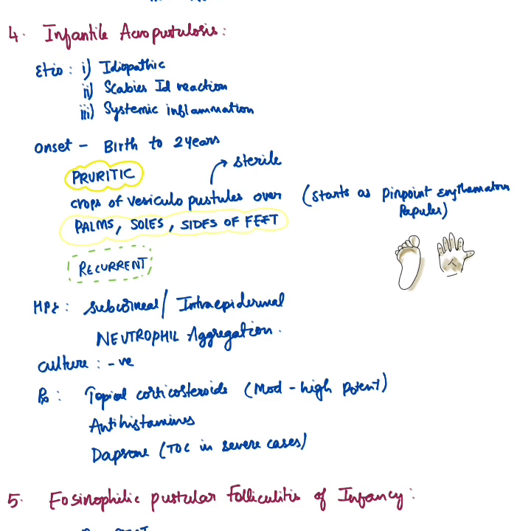Sometimes they start as pinpoint erythematous papules, and the lesions are seen over the palms, the soles and the sides of feet. On histopathological examination, we see neutrophilic aggregation in the subcorneal intraepidermal regions, and on smears the neutrophils predominate, and the cultures are again negative because there is no secondary infection for the pustules to occur.